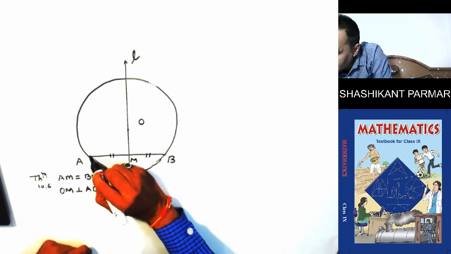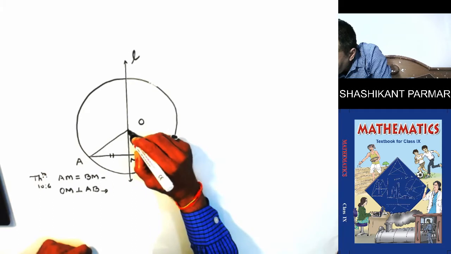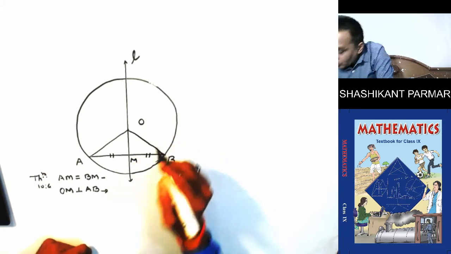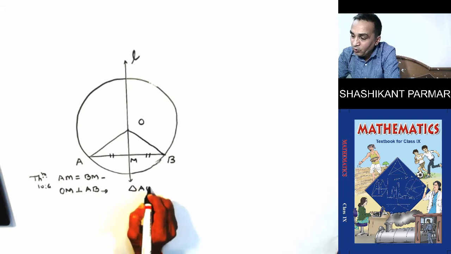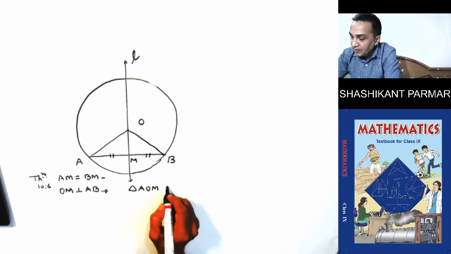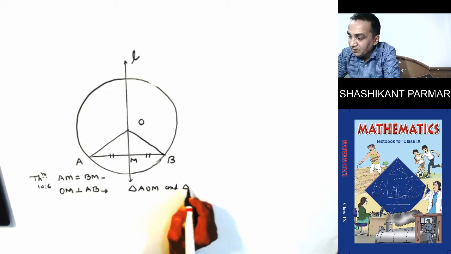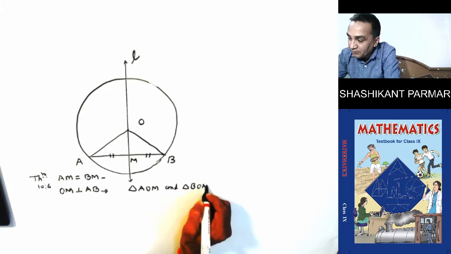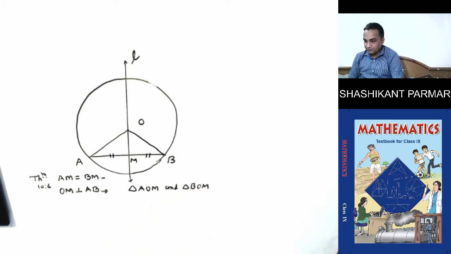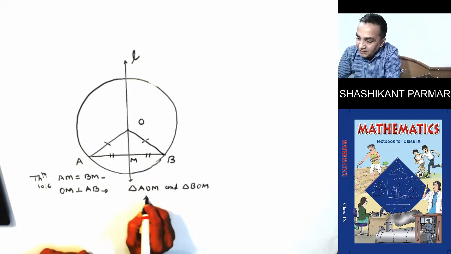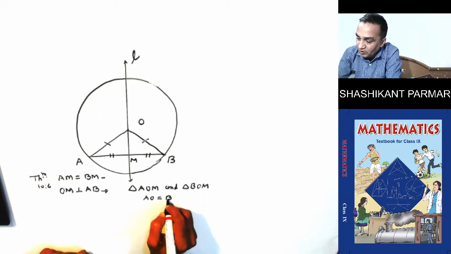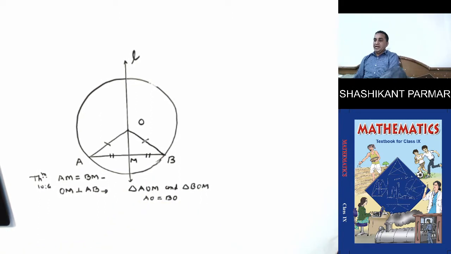Now see here, for triangle AOM and triangle BOM, AO is equal to BO, radius of the circle.